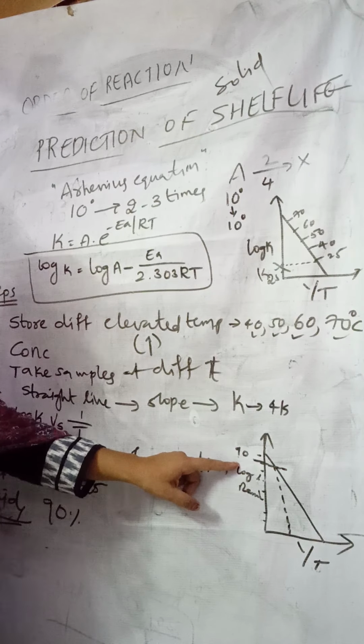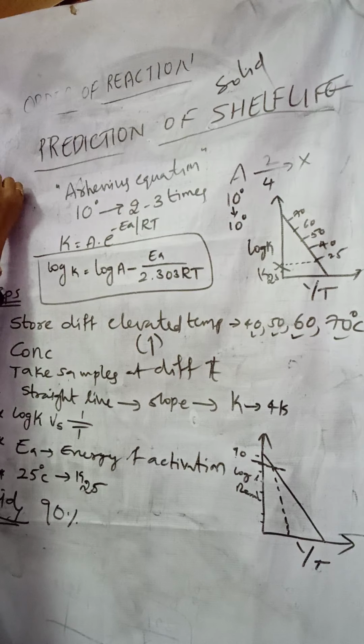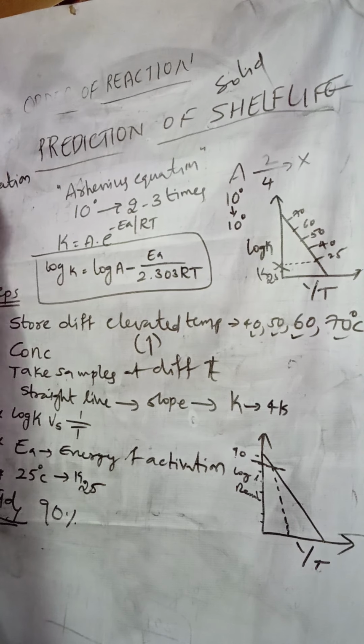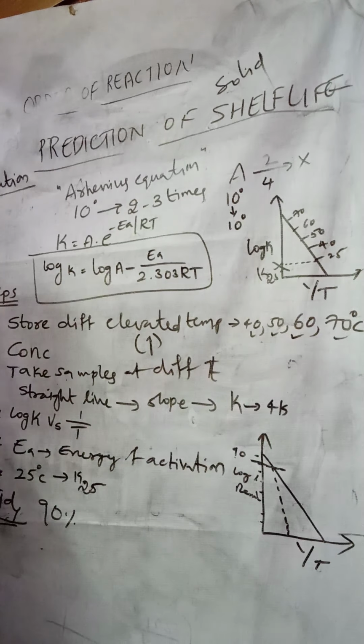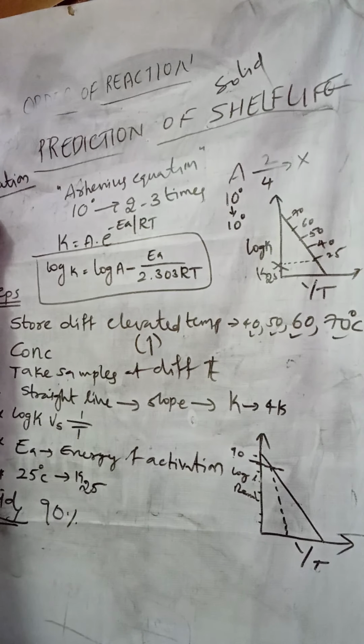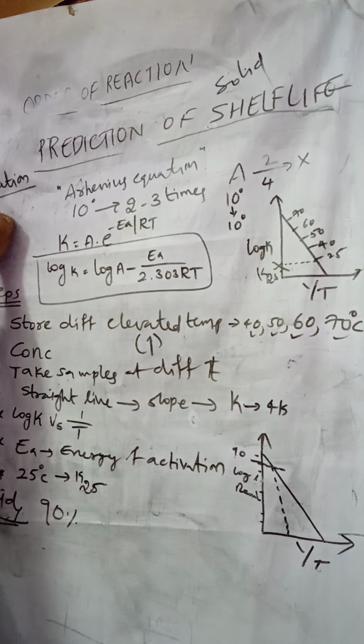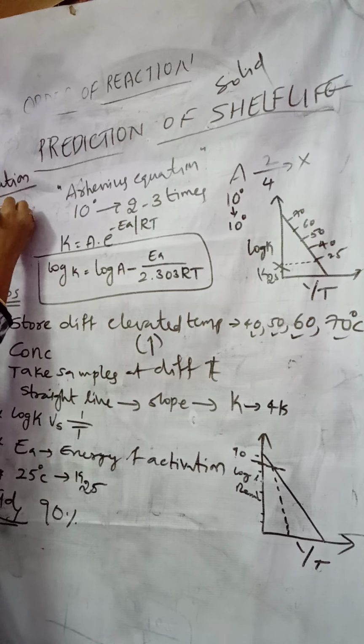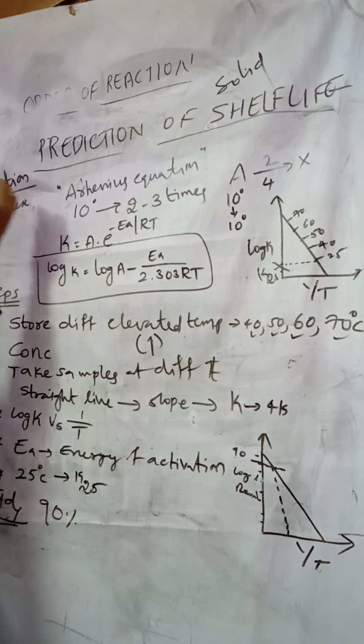Okay, and now we will see the limitations. Limitation is nothing but disadvantages. This Arrhenius equation is not suitable for complex reactions, because in the Arrhenius equation we have only one rate constant.